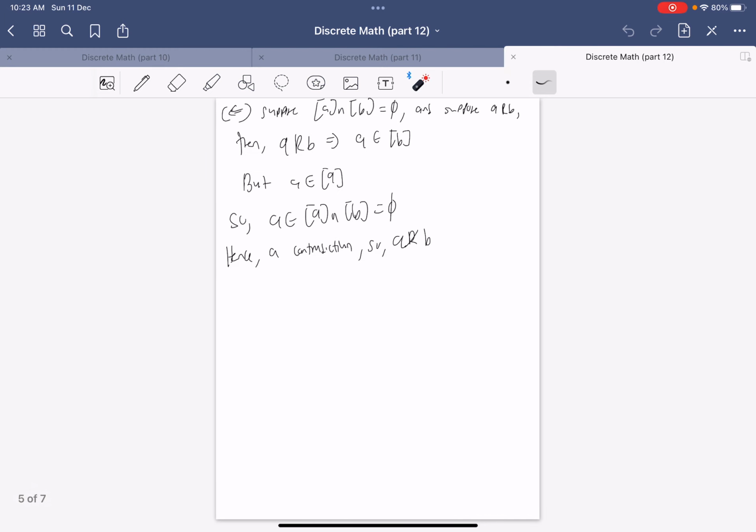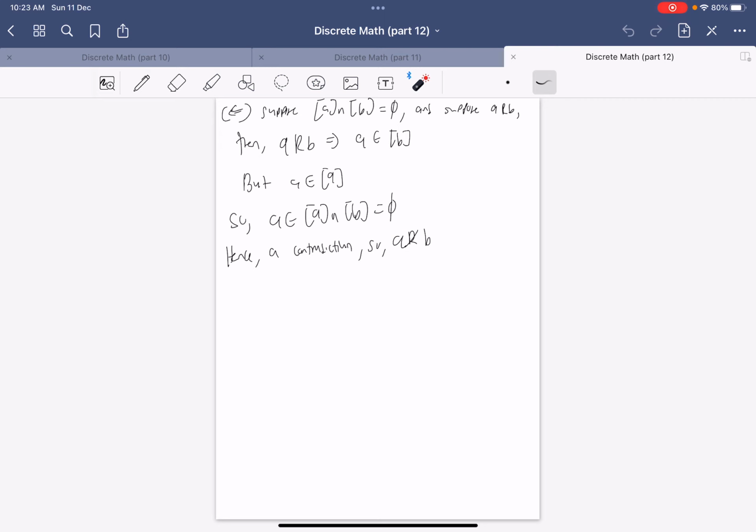Now you prove the reverse inclusion. We suppose that it is empty. We want to prove that they are not related. We do contradiction again. Suppose A is related to B, that means A is inside the equivalence class of B because the equivalence class collects all elements related to B. But then A must also be an element of the equivalence class of A, and so A is an element of the intersection, but the intersection is empty.